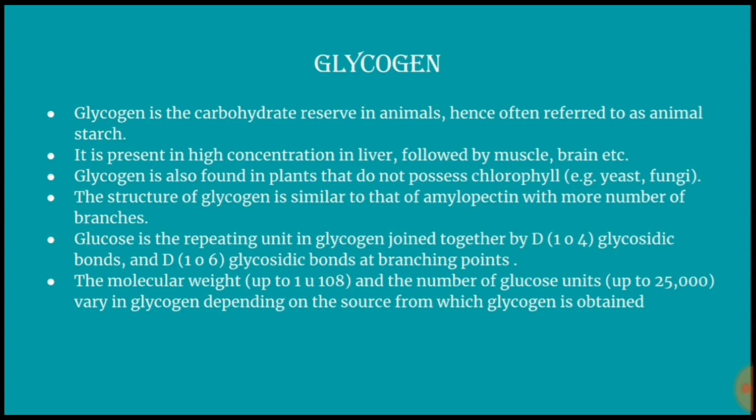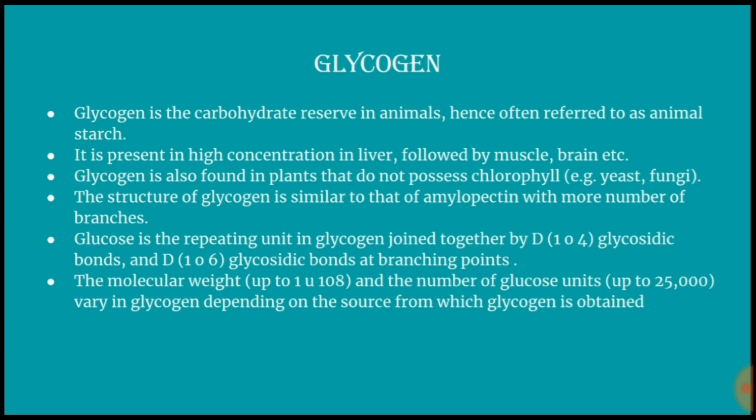So these are the two different linkages observed between glucose molecules to form glycogen, and the molecular weight is up to 10^8, and the number of glucose units can be up to 25,000 glucose units.